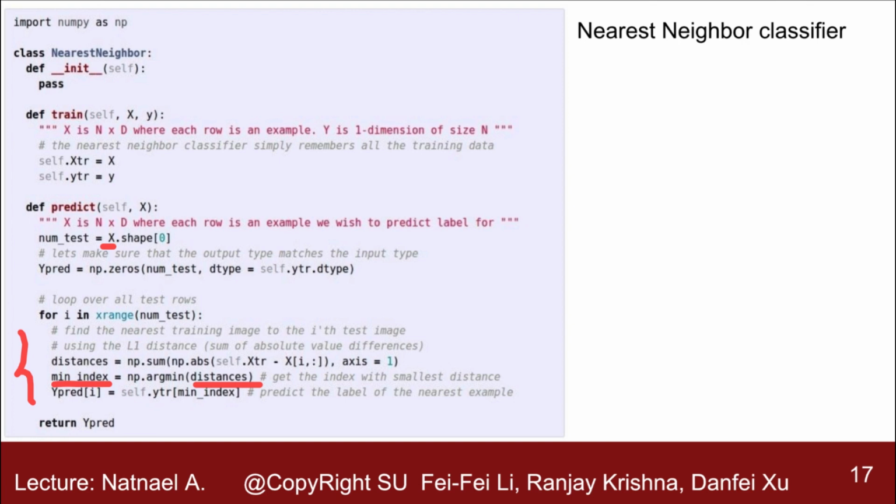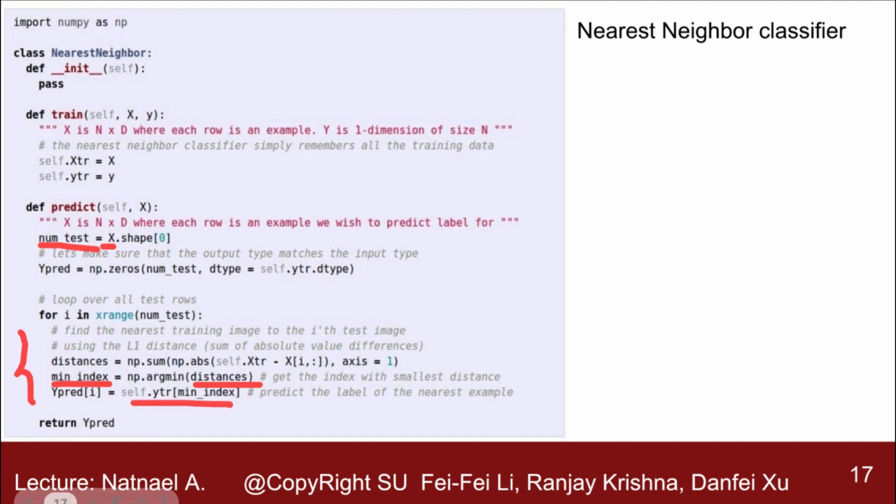For that purpose, we have to take the index, assuming the images are listed as a list. We have to get the index of the image with the minimum distance compared to the new image as min index, and using that we set the predicted value at that point i by using the label of the image which is identified by the min index here in this phase.